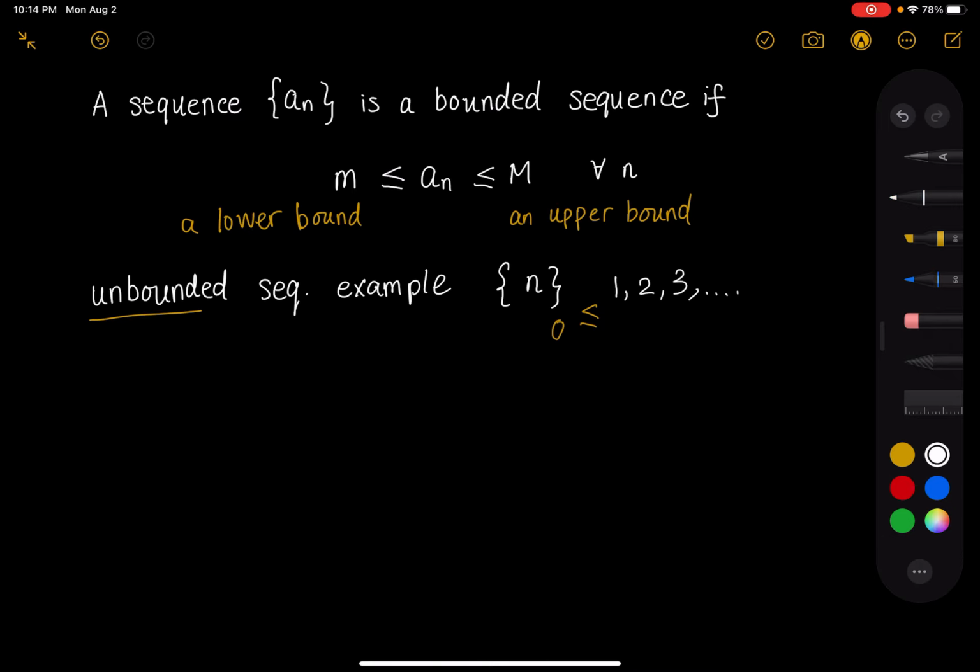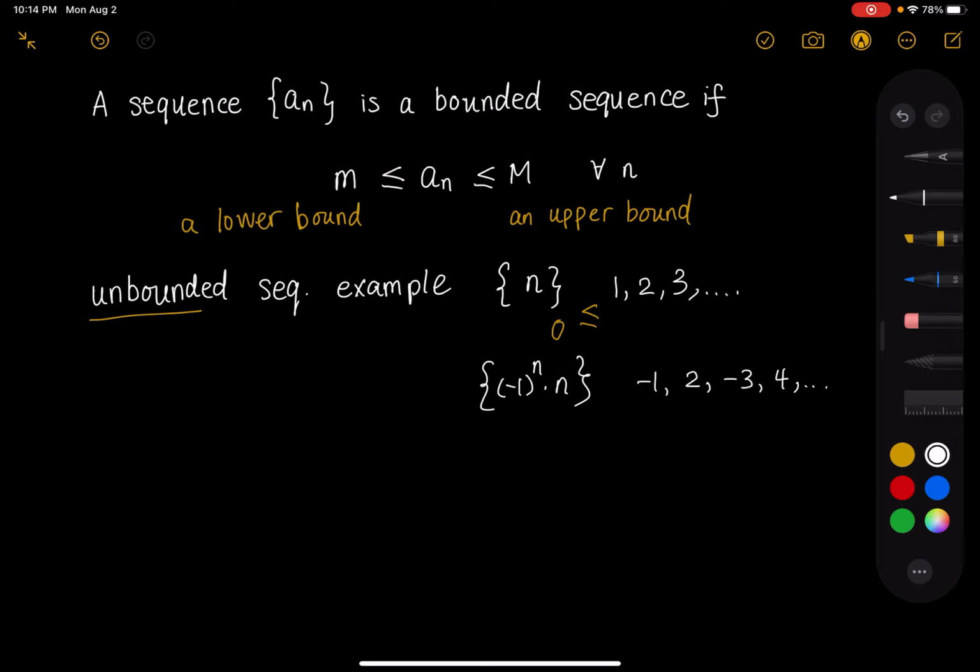Another example, (-1) to the nth power times n. What happened? When n equals 1, we get -1. When n equals 2, we get 2. When n equals 3, we get -3. When n equals 4, we get 4, and so on.